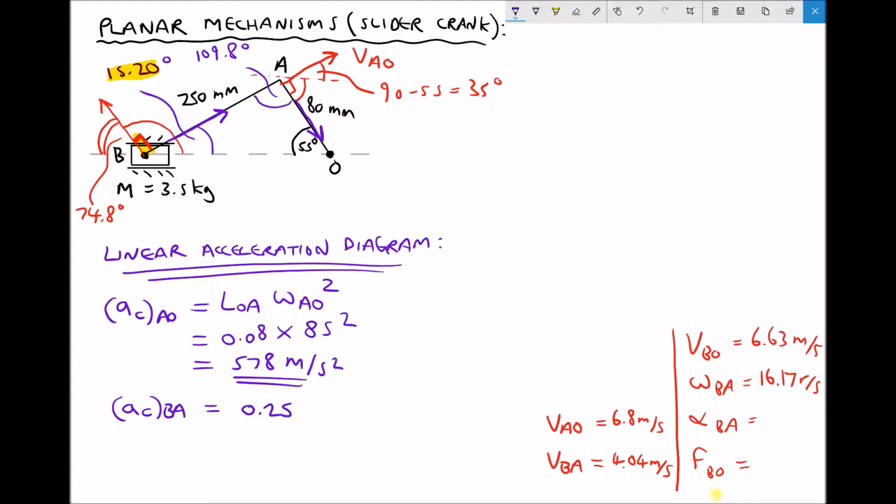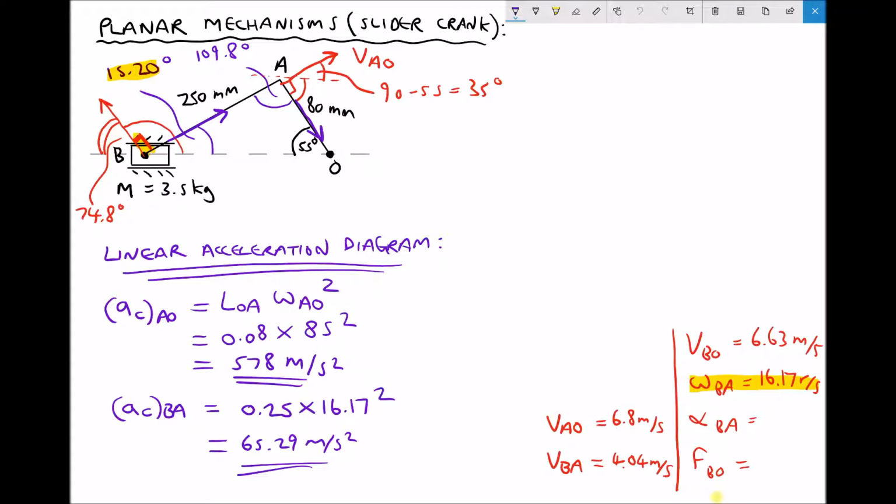In this case it's 0.25 metres, and the angular velocity is 16.17. The angular velocity we're using is the angular velocity of B relative to A that we previously determined. And we need to remember to square that. So the acceleration of B relative to A equals 65.29 metres per second squared.